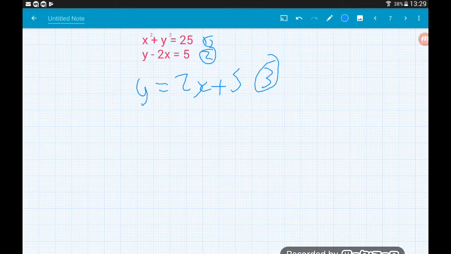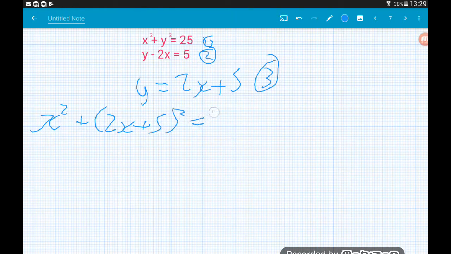So now we go to equation 1 and use that substitution. So the y is going to become 2x plus 5. So we're going to get x squared plus (2x plus 5) all squared, and that's going to equal 25.